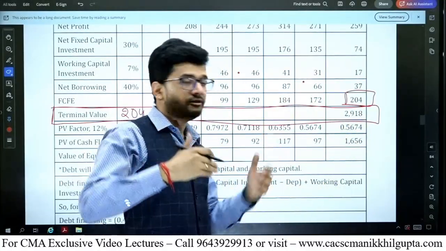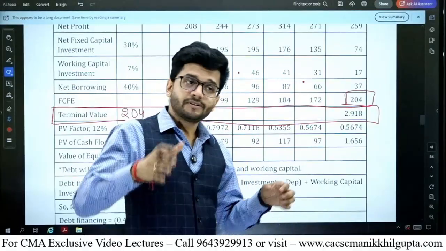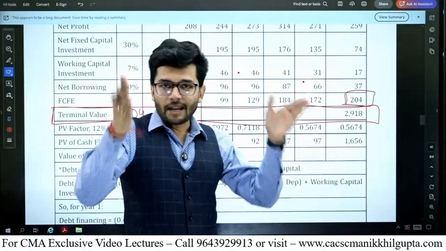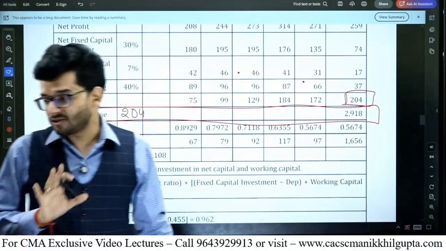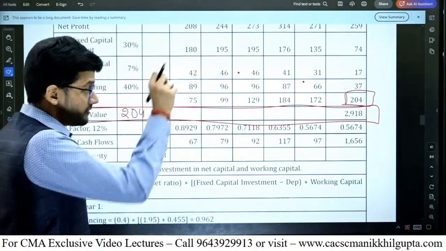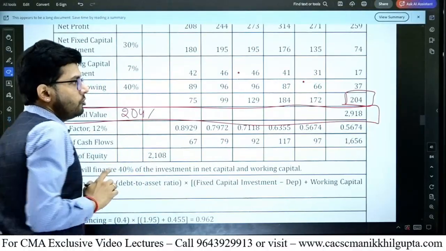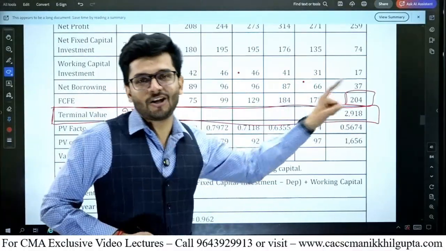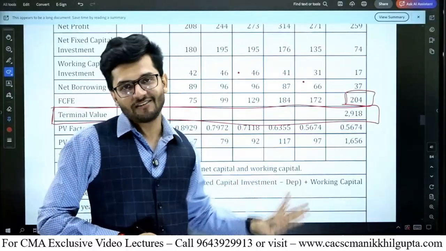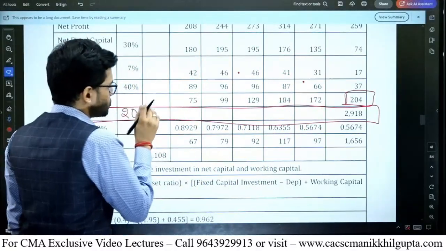While printing the workbook, decimals have been eradicated, but the answer is as per the decimals only, so a little variation can be there in the answer. I've recalculated the entire question. The correct answer will come only if you take 205 as your FCFE. 205 is the right FCFE and not 204. But still we are doing the calculation based on 204.